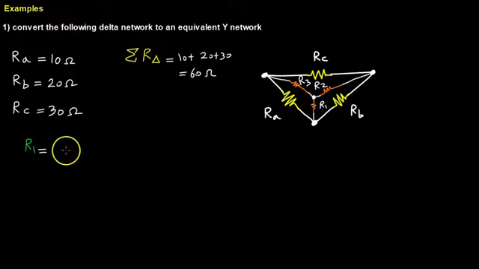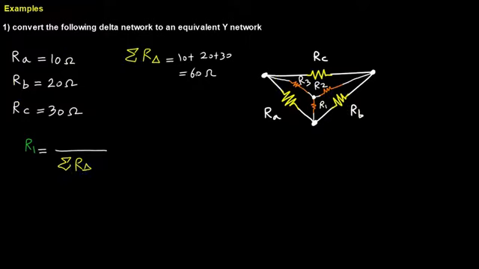So now R1 is going to be the product of the adjacent resistors in the delta network. Let's make sure we pay attention to which network we're talking about. We're going from delta to star, so we need the original delta network's sum as well as the product of the adjacent resistors.